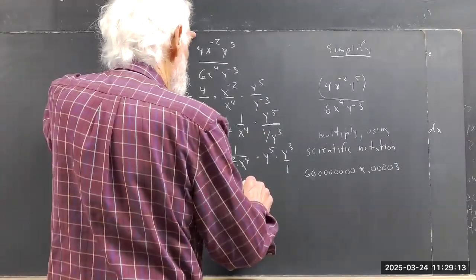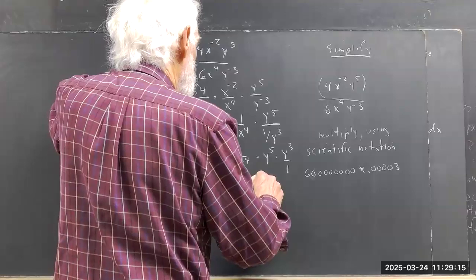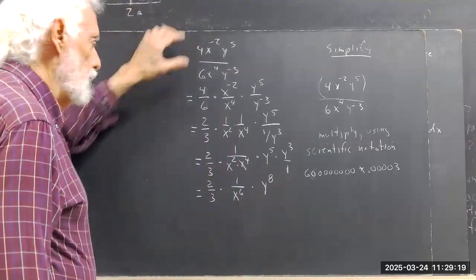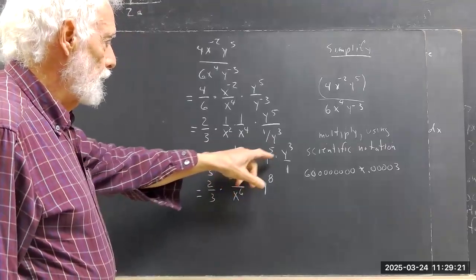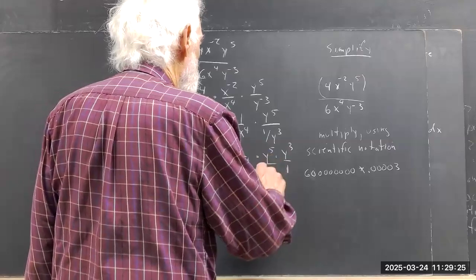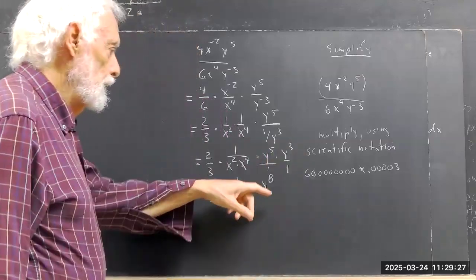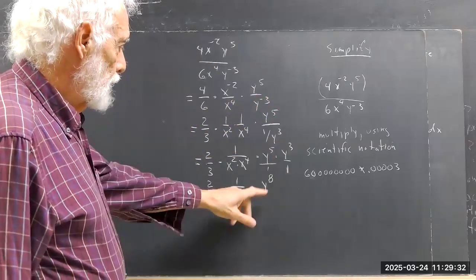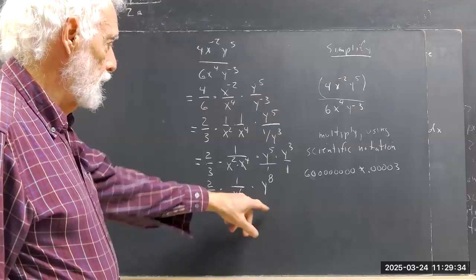And then times y to the 8th, because y to the 5th multiplies the y cubed. You could make that y to the 5th over 1 times y cubed over 1. 1 times 1 gives you 1, so you don't need to write that in the denominator.